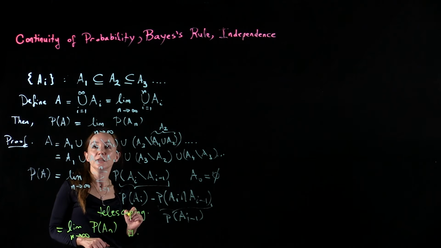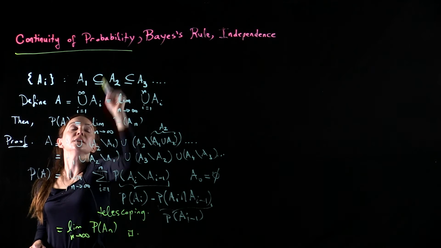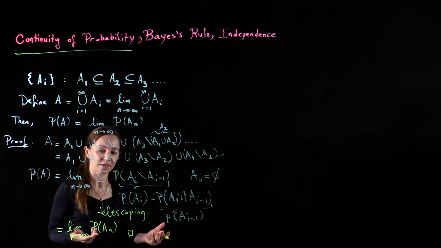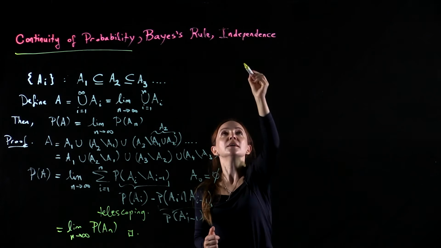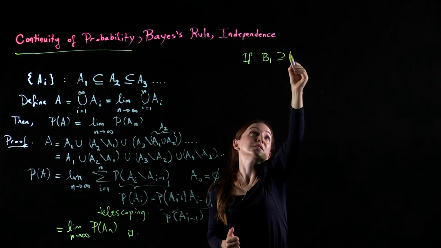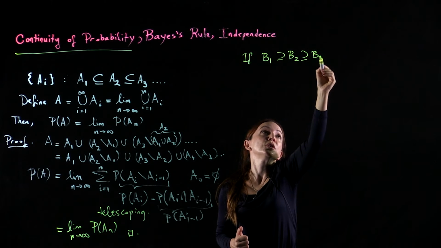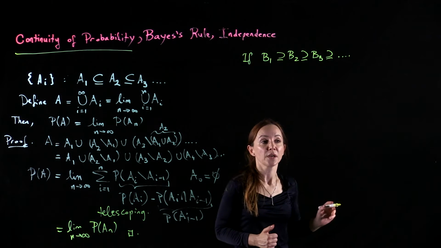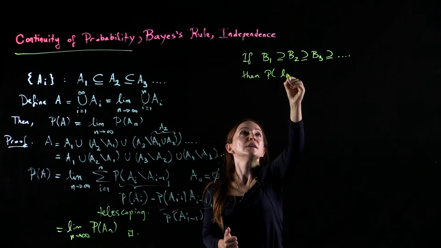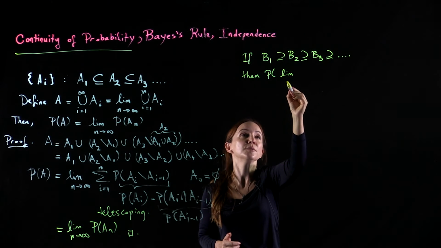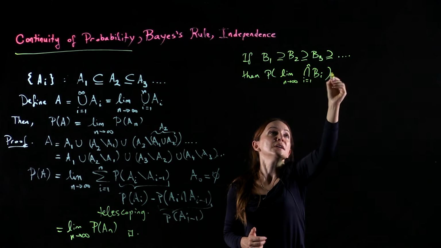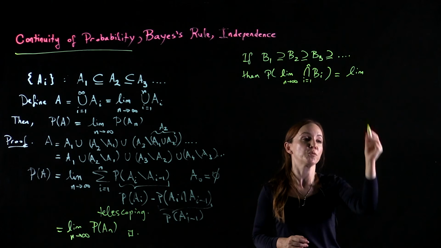Okay. Now you can show the same continuity property of probability for a decreasing sequence of sets, such that if B1 is the largest set in the sequence, and the sets keep shrinking up to infinity, then the probability of the limiting set, the intersection of B_i, i from 1 to n as n goes to infinity, can be found by taking the limit of the sequence of probabilities.